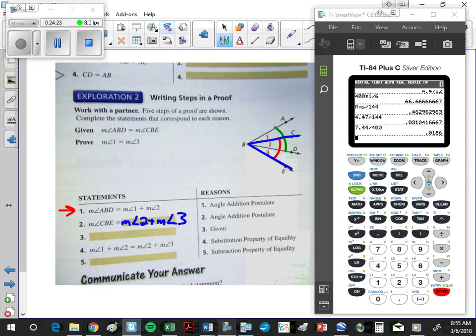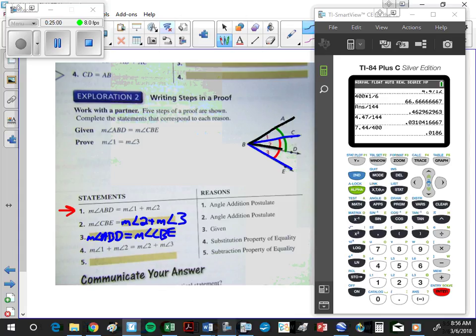Okay? All right. Now, what would we put for 3? Well, the reason says given, so it has to be our given. So the measure of angle ABD is equal to the measure of angle CBE, and that's given. And notice that the given in this case is on the third line, and that's okay. You could have put it on the first line, but they have chosen to put it on the third line. So now we've created two basic stories, and here they are.